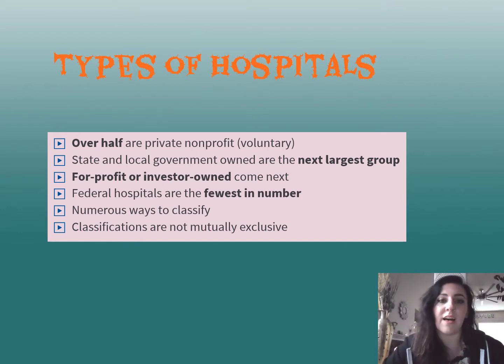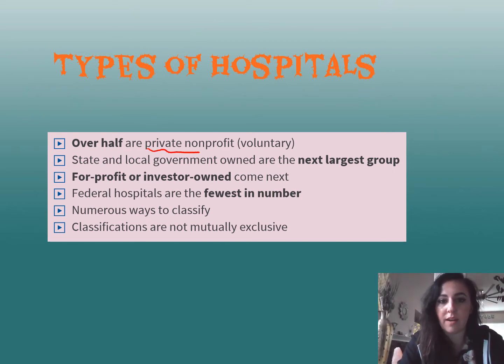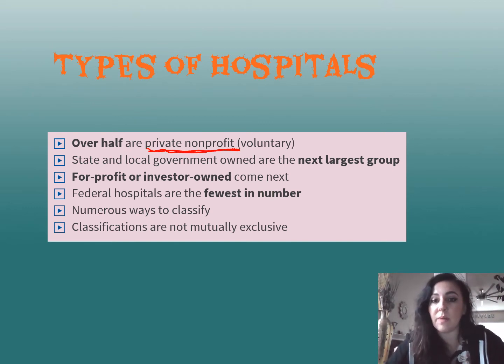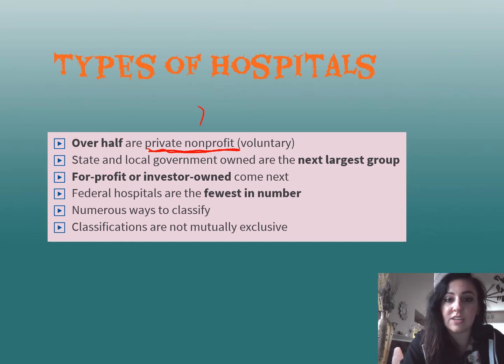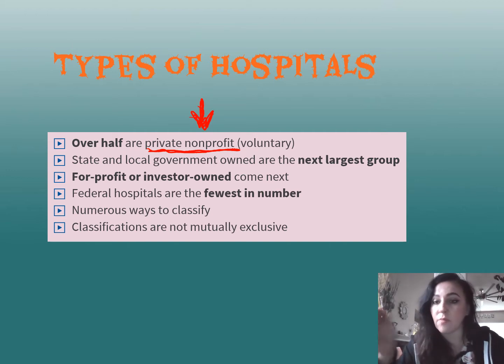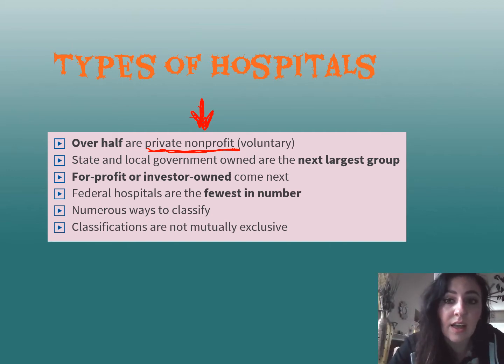First up, over half of all the hospitals in the United States are private nonprofit hospitals. That means it's owned by a nonprofit organization. Private means that it's part of the private sector, not the public sector. And remember, I told you before that public means government.